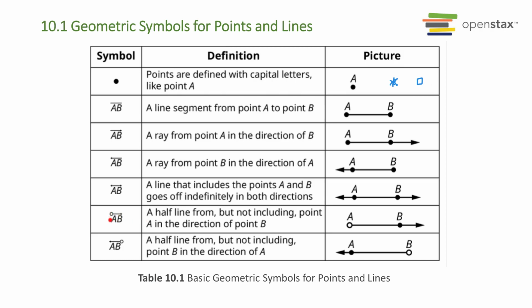This is the half line from A to B, but we do not include A in the direction of B. That's the important part. A is excluded, so we have an open circle at A. B is included, and then it goes on forever. And then we have the same thing excluding B: this is the half line from B to A, not including point B in the direction of A.